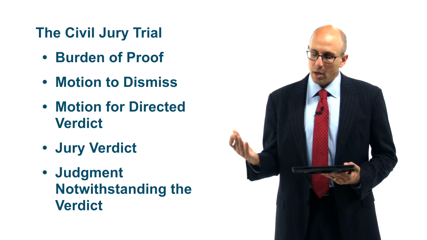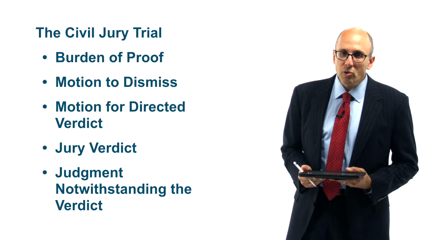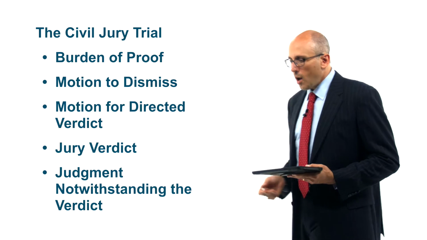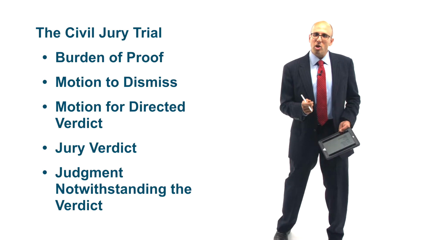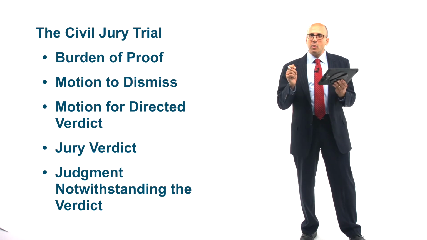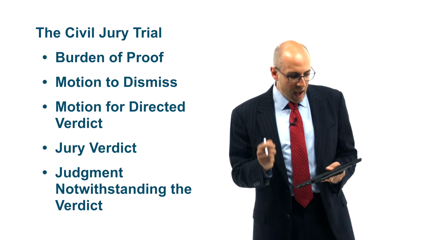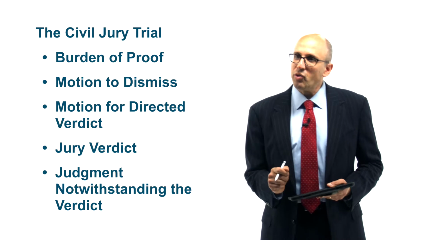The jury then issues its verdict one way or another, and then you could get this odd thing where the judge nevertheless basically reverses the jury verdict and issues a judgment notwithstanding the verdict.